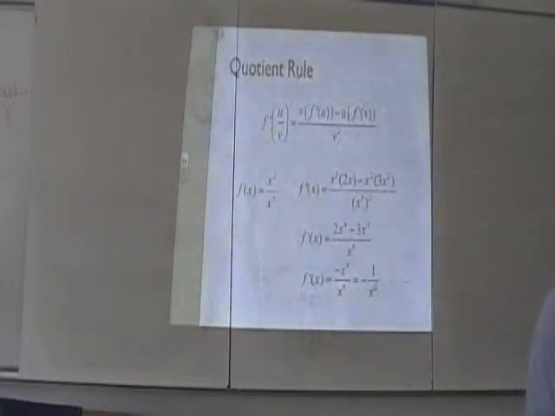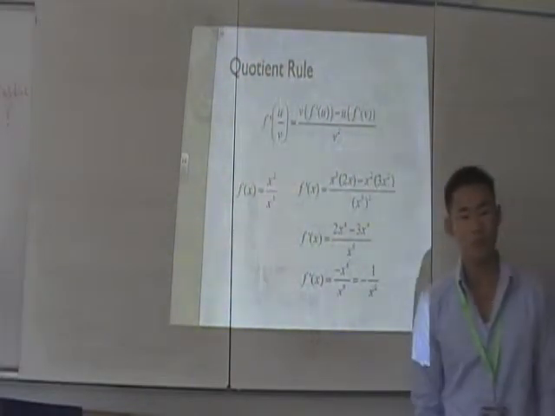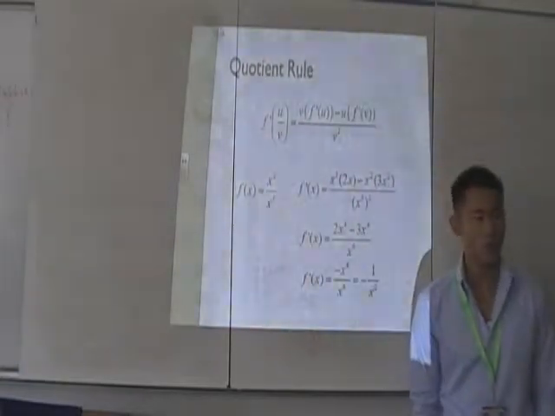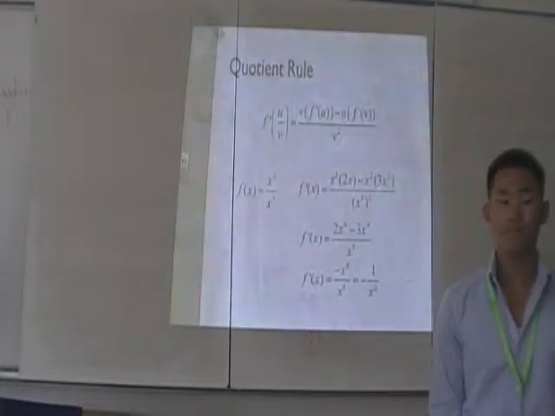I mean, yeah, you could change it to the product rule, I guess. I'll see the problem. Low d high minus high d low all over low squared is one way people memorize it. This is how I memorize it. Any questions with that?